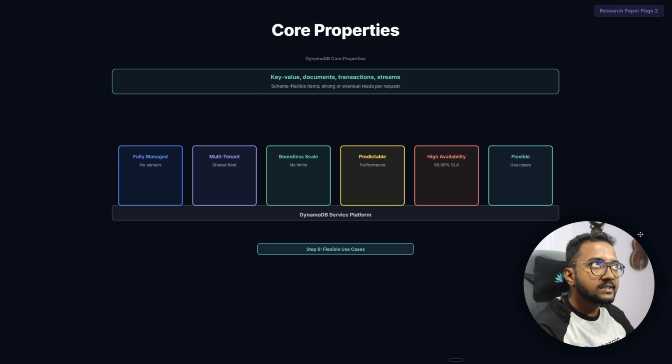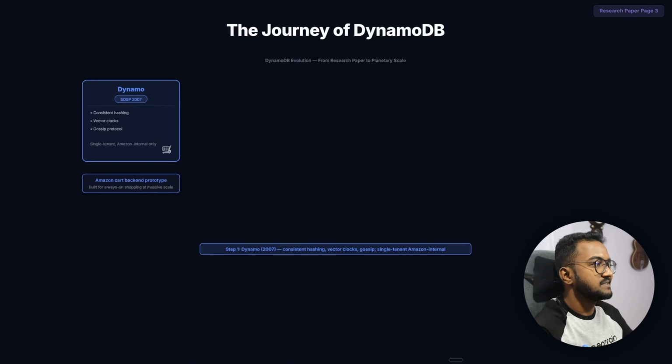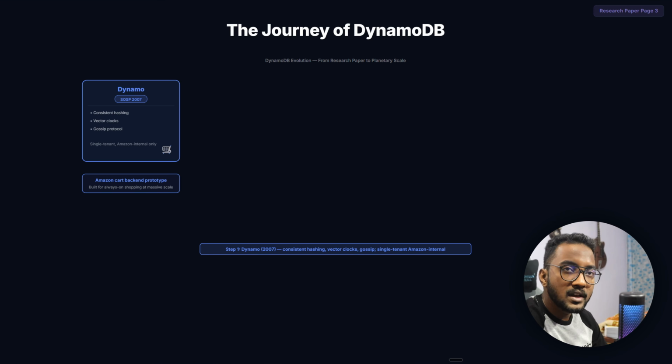Now that we have discussed all the six core properties of DynamoDB mentioned in this paper, let's talk about the history and the journey of DynamoDB, which is interesting. The six properties we talked about did not just come out of nowhere. The first ancestor of DynamoDB was actually Dynamo. Dynamo was built for shopping cart data.